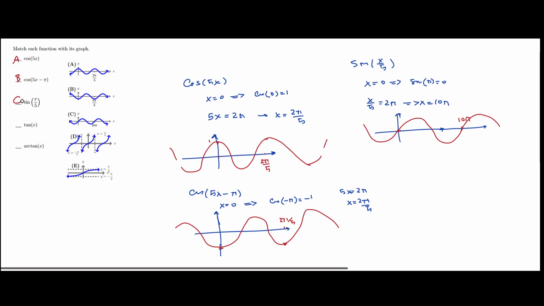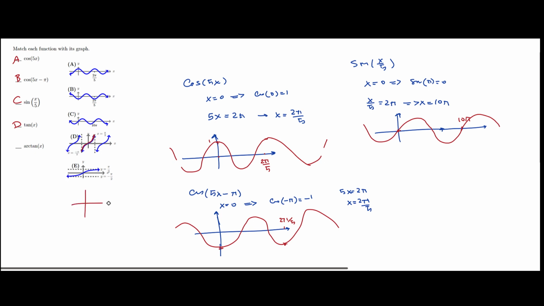Now, let's remember tan of x, this is the parent function tan of x. We drew that by plotting, and it looks like this function. So that one is D. And arctan should be the main branch of tan, which is that one.